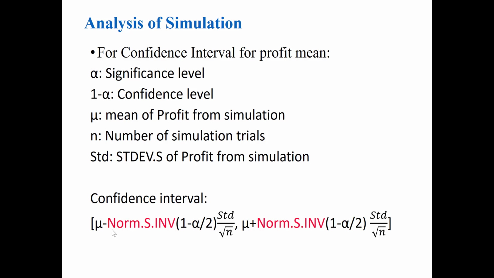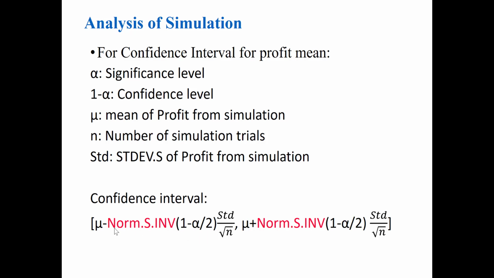Also it has some notations. First of all, we use a function in Excel called normal standard inverse, and this alpha is a given small number, something like 5% or 1%, and 1 minus half of that gives a probability, and then you are going to get a number from the normal distribution.